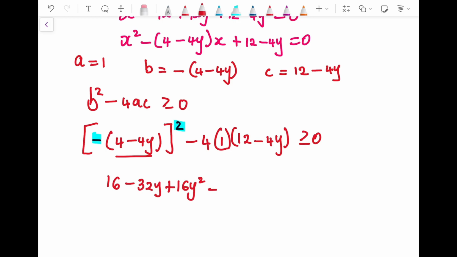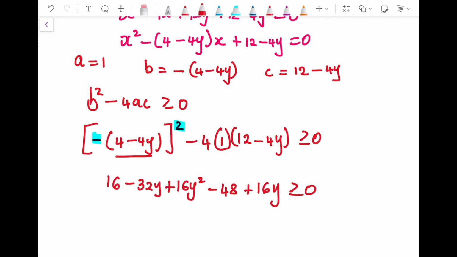So here it will be minus 48, if I'm not mistaken, minus 48. And then if I multiply again, 4 and 4, it will be plus 16, plus 16y. This is greater or equal to 0.